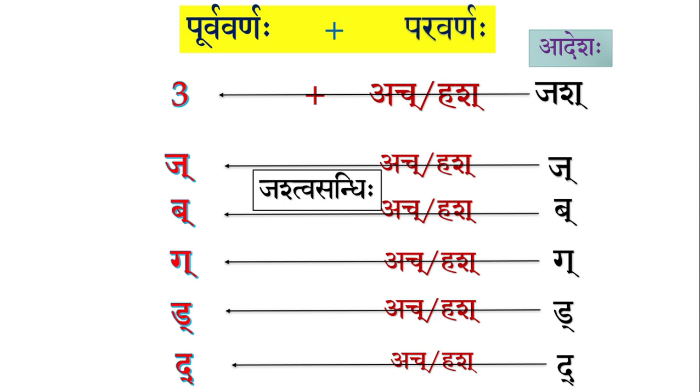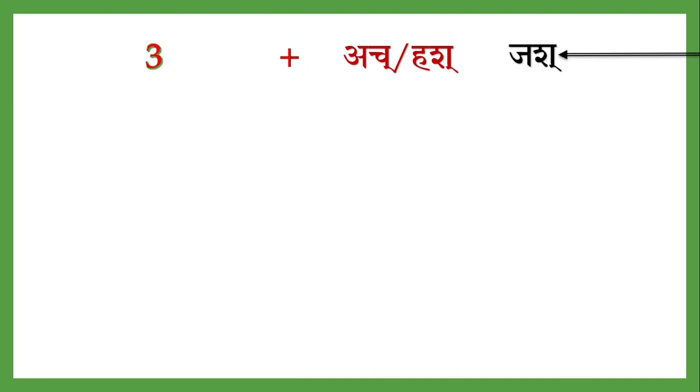Before we move on to the examples, we shall revise the formula. When the first letter of any Varga is followed by a Swaraksharam or a Mrudu Vyanjanam, then that letter disappears and instead, in its place, a Jash letter occupies.